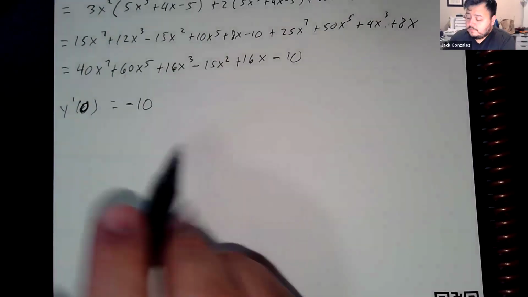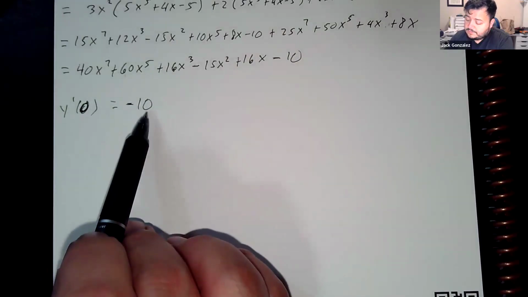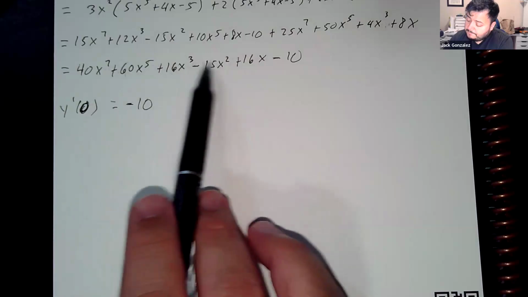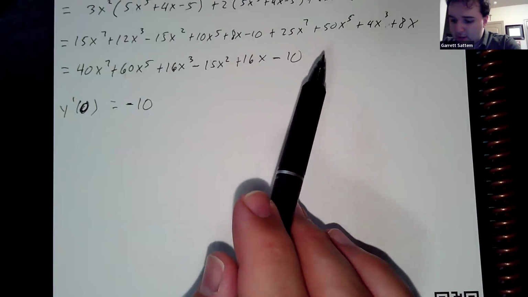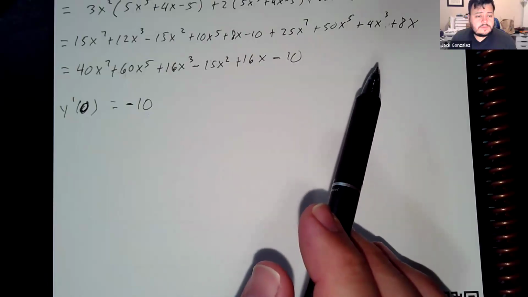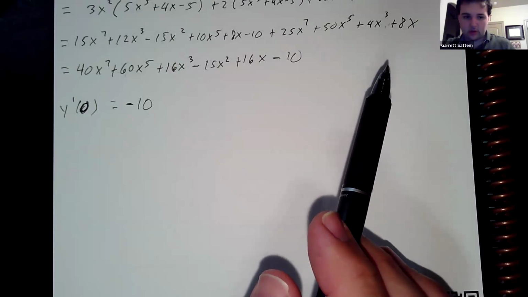So once you find your derivative, which is right here, plug in 0, or plug in c, you're going to get negative 10, because 0 would zero every single term out except that. Forgot about that part. That's pretty much it. No further questions.